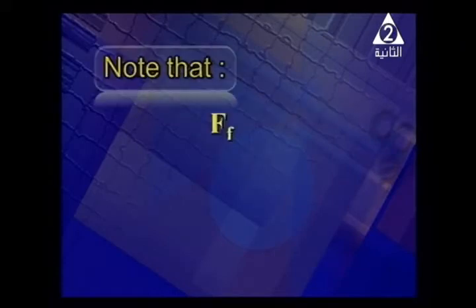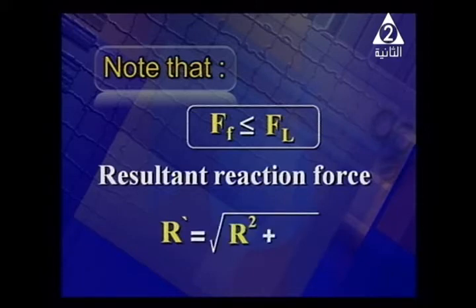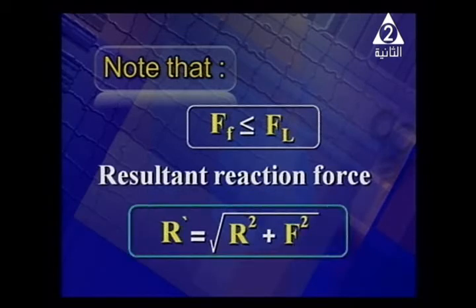Dear student, note that when two bodies or one body is about to move, the friction is more than or equal to the friction force. In this case, we have R dash equals square root of R squared plus F squared.